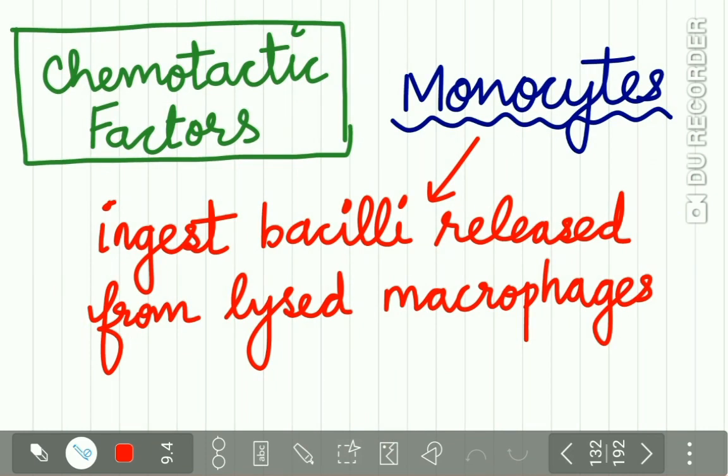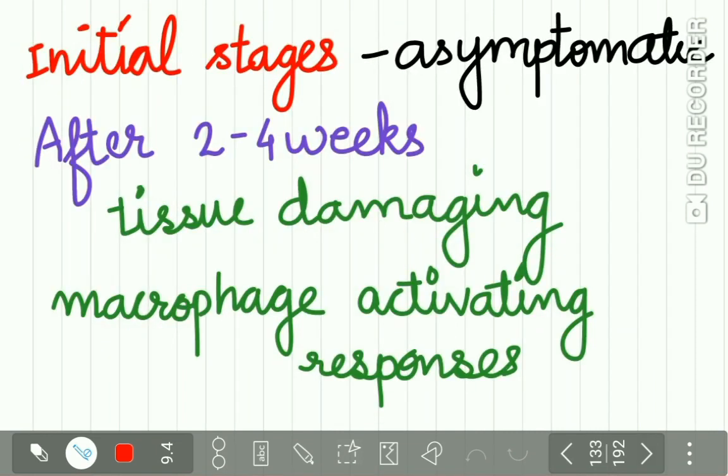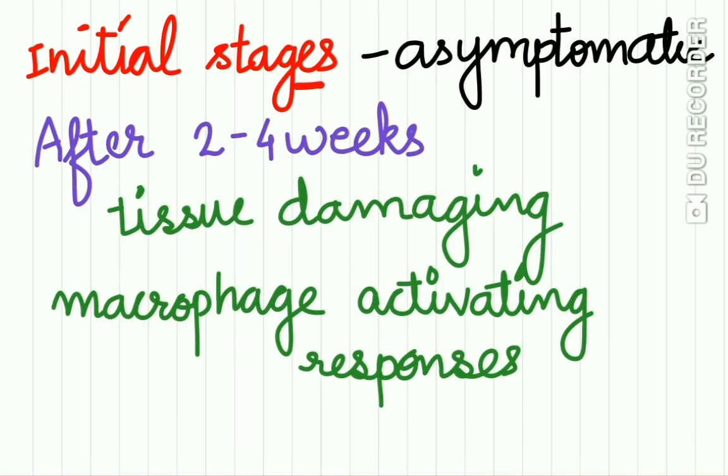Now, the non-activated monocytes are attracted from the bloodstream to the site by various chemotactic factors, and these monocytes ingest the bacilli released from the lysed macrophages. The initial stages of the infection are asymptomatic.